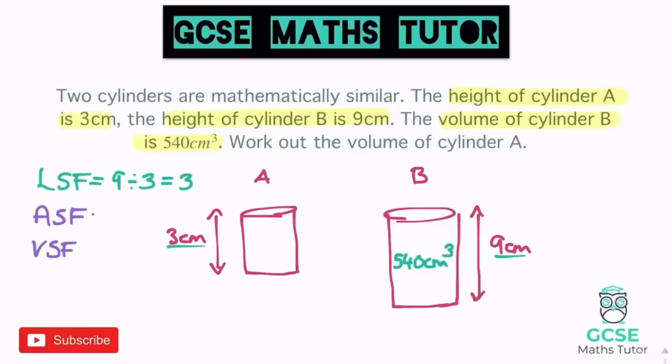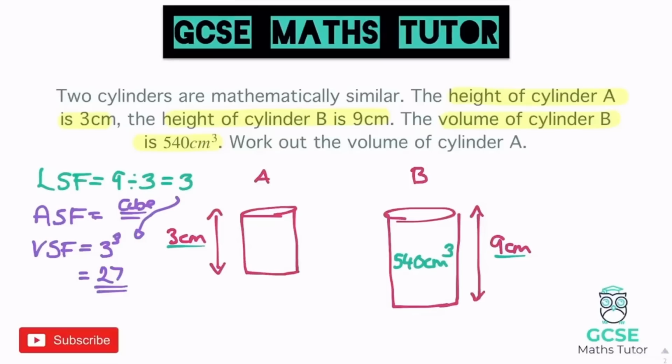The question here is asking us to work out a volume, so I can ignore area, and to get from length to volume we would cube it. Again, just thinking about the units within that, it's centimetre cubed. So to get from length to volume, you would cube it. So our volume scale factor is going to be 3 cubed. And 3 cubed, we can actually work that out: 3 times 3 times 3 is 27. So that's the scale factor we're going to use here when we're looking at volume.